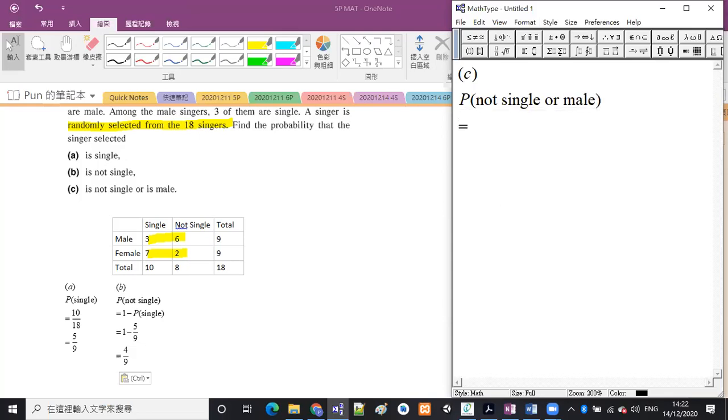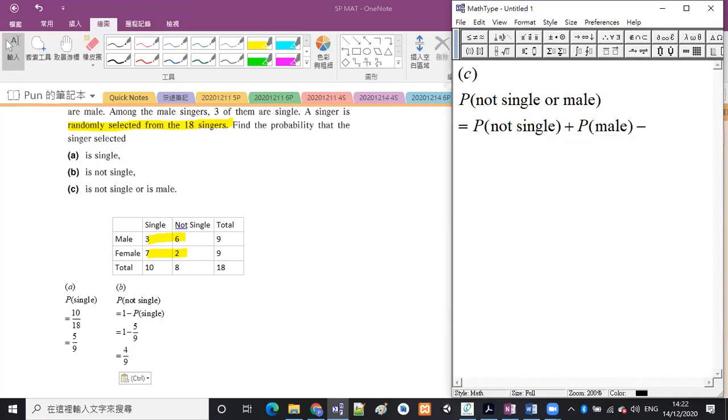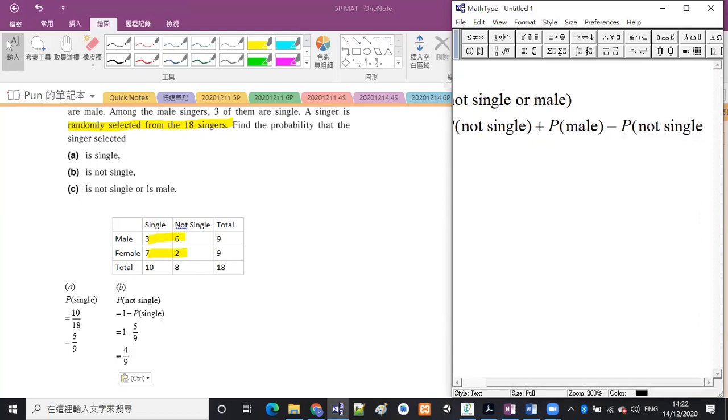Okay, not single or male. Can you see the keywords P, A, or B? And then we will simplify this to be P not single, plus P male, minus P not single and male.